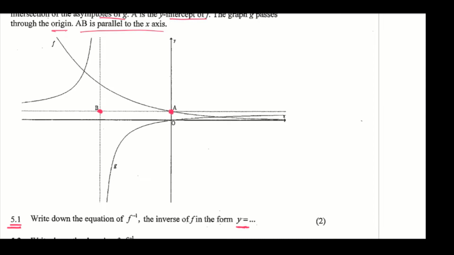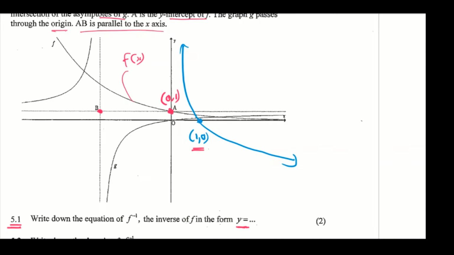This value of A lies on our graph of f of x. But remember, in the previous question we found our inverse of f, which was moving like that, and we found this point to be (1; 0). So what this means now is our value of A is going to be the inverse of this coordinate, so it's going to be (0; 1).